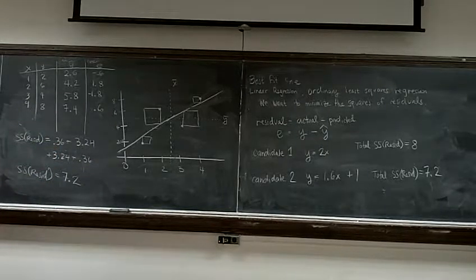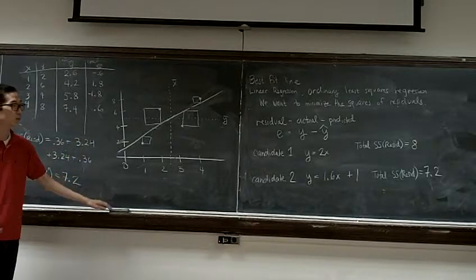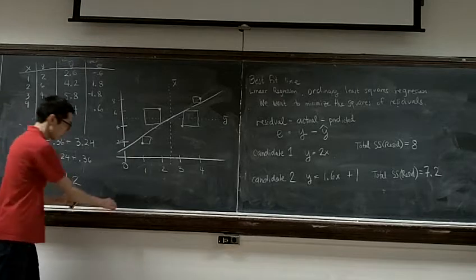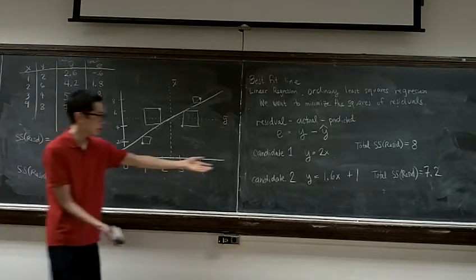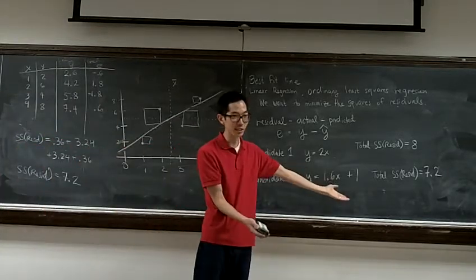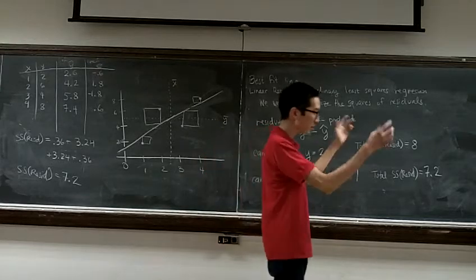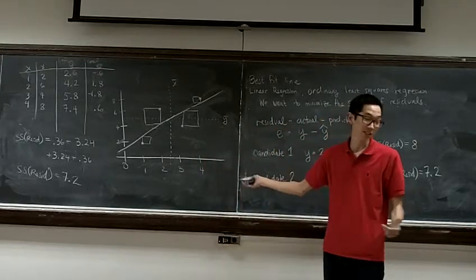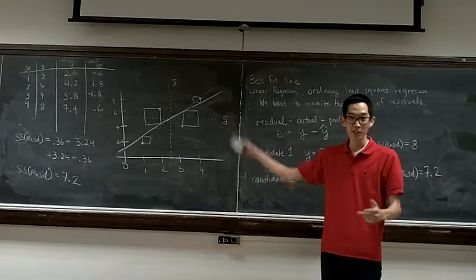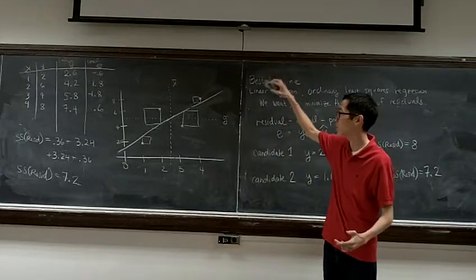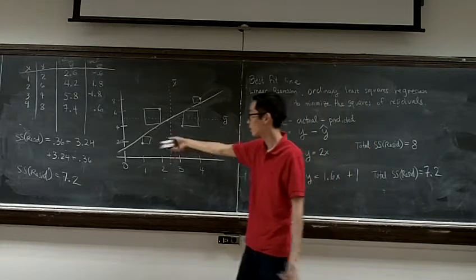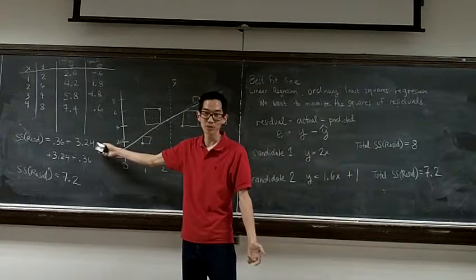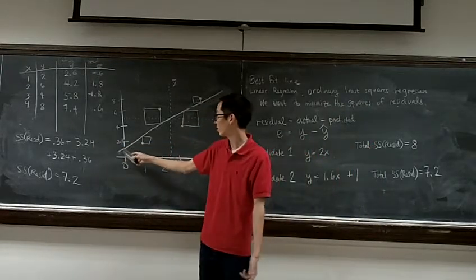All right, so that is the concept of the best fit line. So how did I know that this was going to be the best fit line? I'm going to skip the whole derivation. It's calculus: you're trying to minimize this function, the sum of squared residuals.